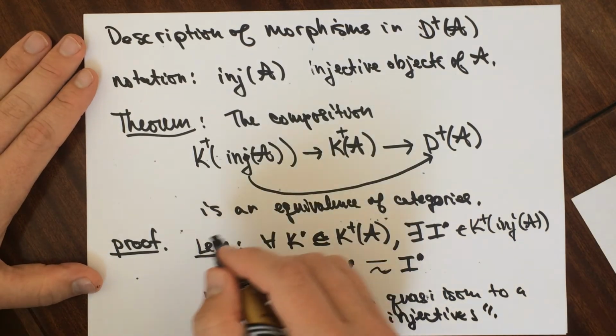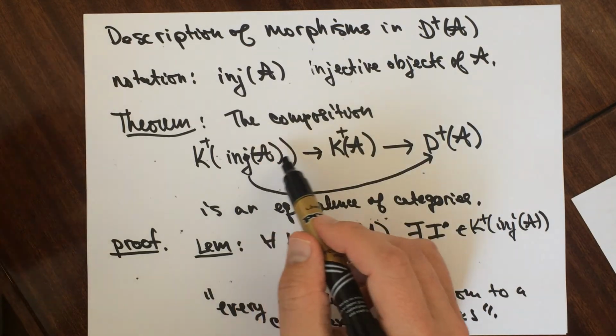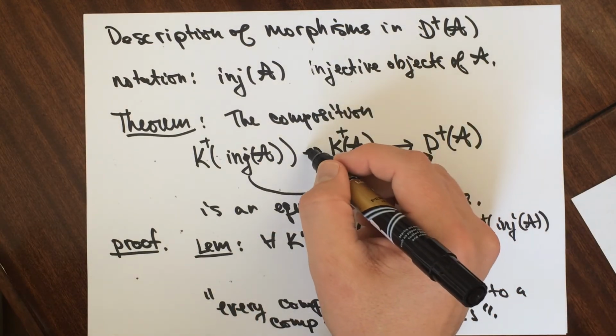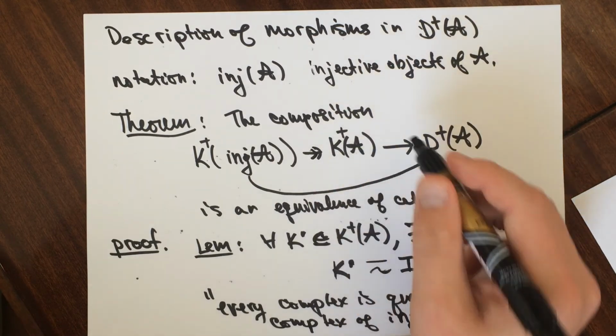What this is saying is that this map is essentially surjective.